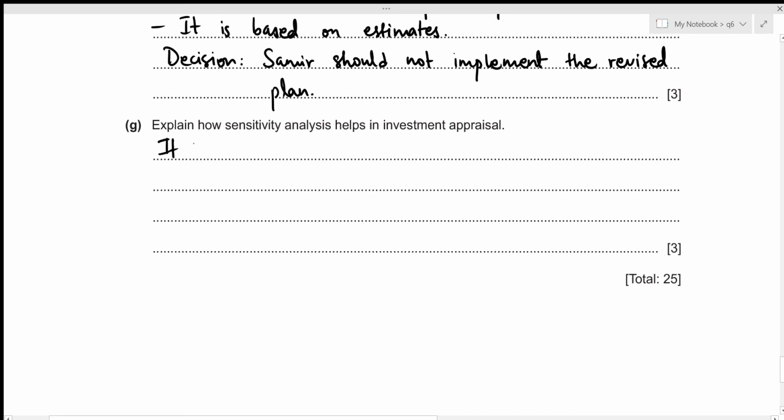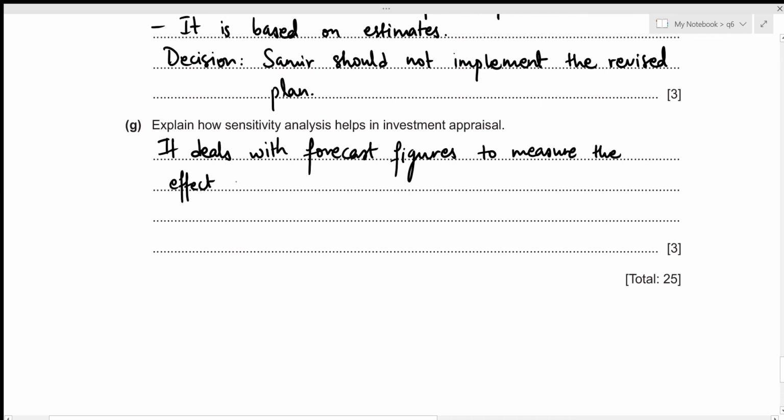It deals with forecast figures to measure the effect on an outcome of a change in variable cost or income.